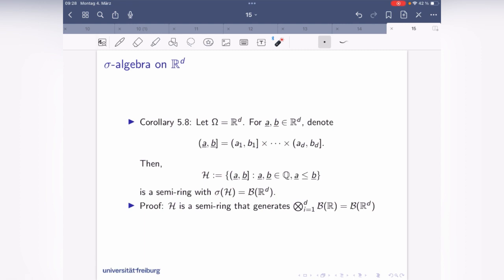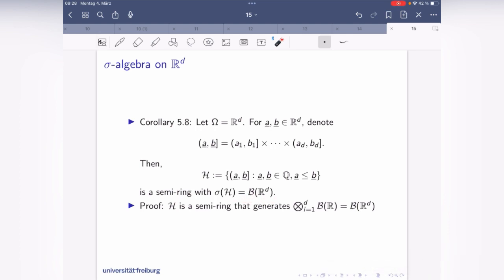Just as an example, on R^d, that's certainly an important case. I have the notation here: A is a vector, B is a vector, and I have the interval between vectors. What I mean by this is that all entries in A have to be smaller than or equal to the entries in B. Then that's just the product of intervals, where we write the entries of A and entries of B here. Then this is a semi-ring and generates the full sigma algebra.